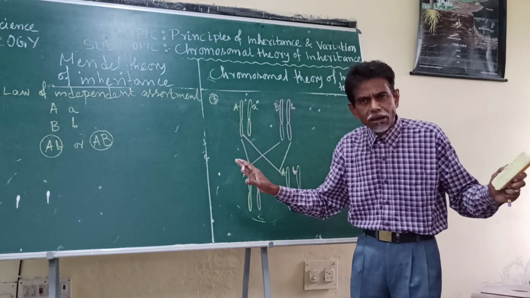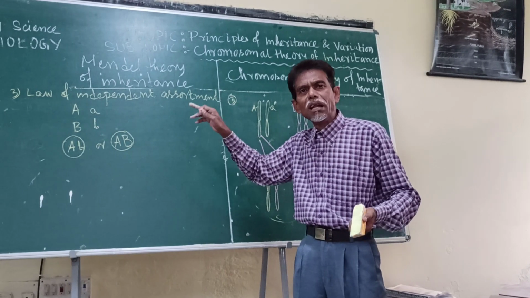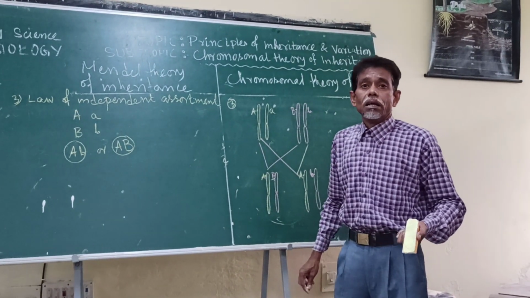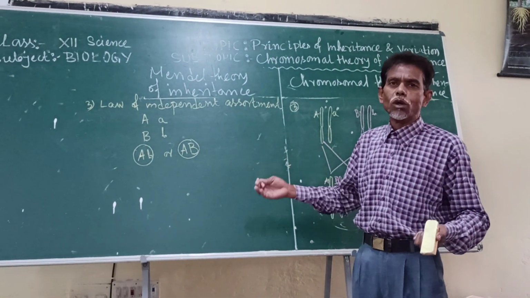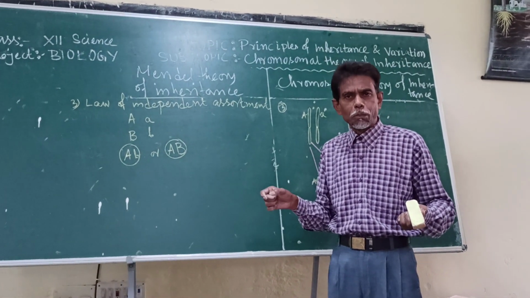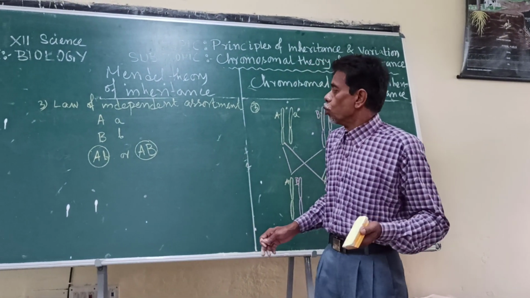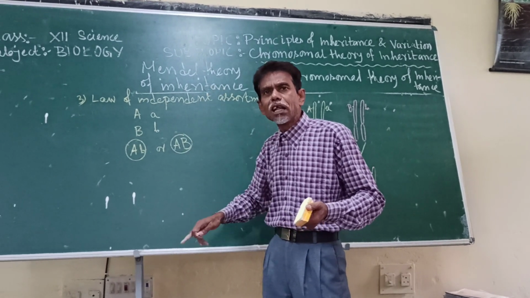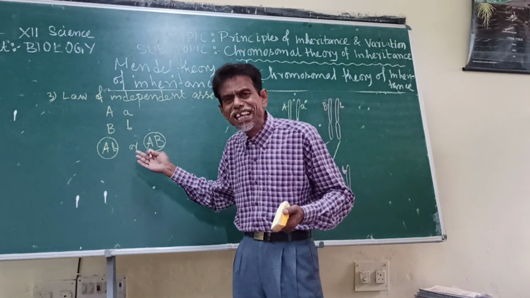Is that very clear? So what Mendel told in his law of independent assortment is that the factors, or what he called genes, when they remain in a homologous pair, that is the allelic genes, irrespective of their counterpart, can combine with any gene.